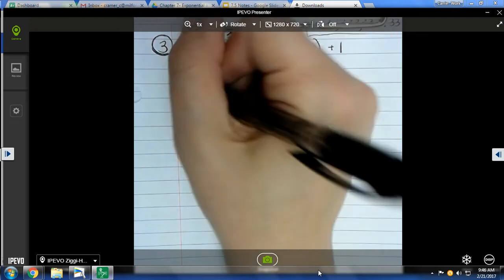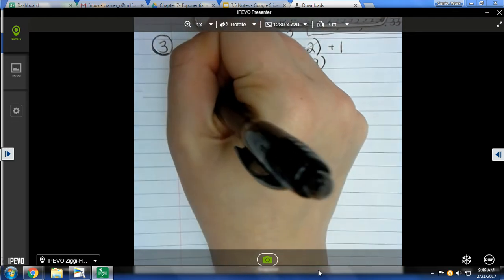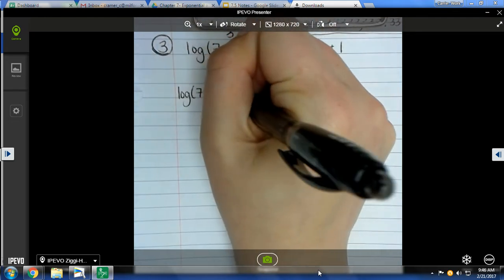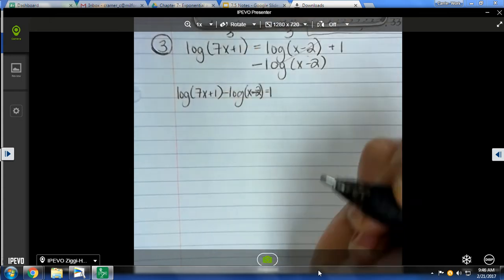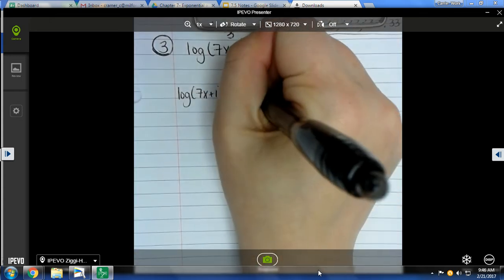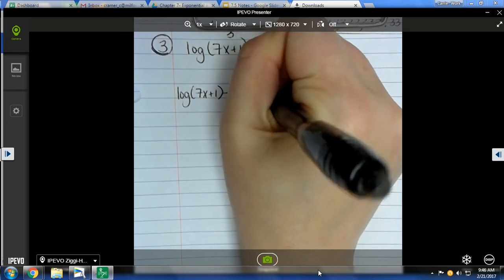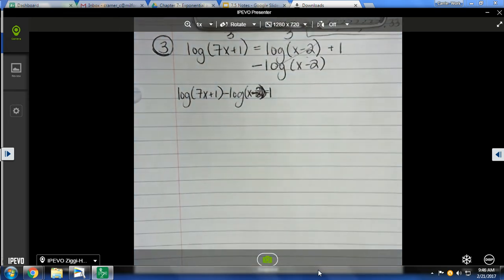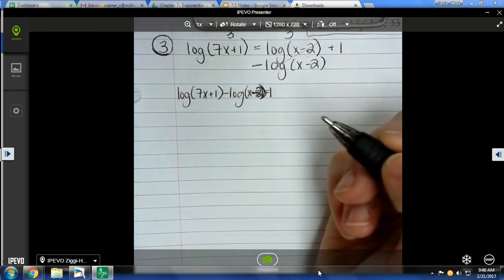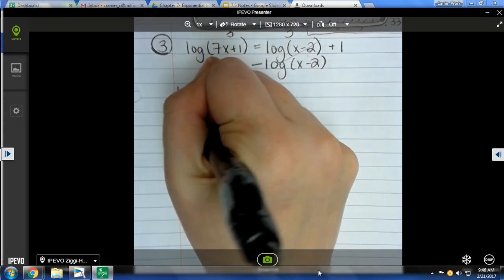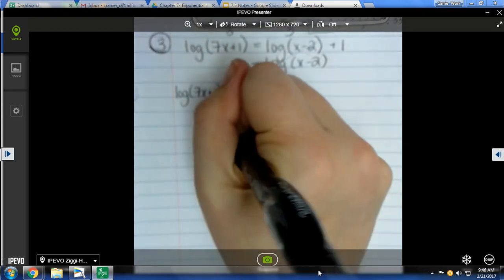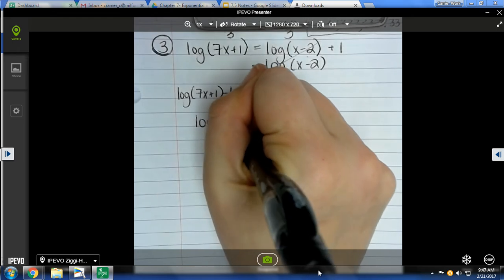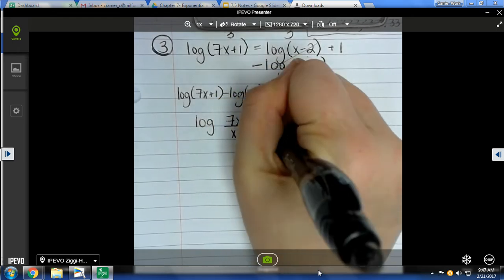And then over here we'll have log of 7x plus 1 minus log of x minus 2. I didn't give myself enough room. So this is x minus 2. And now this is quotient property since it's minus. So this would be log of 7x plus 1 over x minus 2 equals 1.